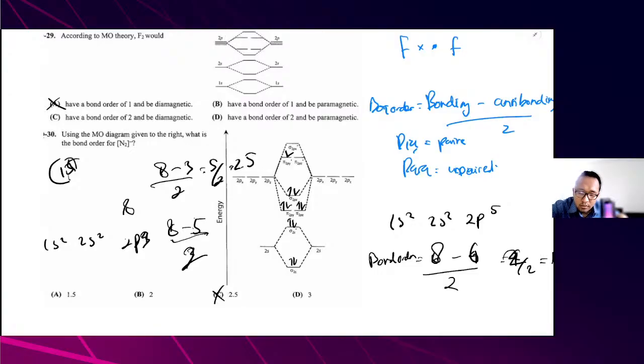Again, for this concept, F2 is 1s2, 2s2, 2p5, right? Because 9, yes. So to fill up this one, 1, 2, and again.